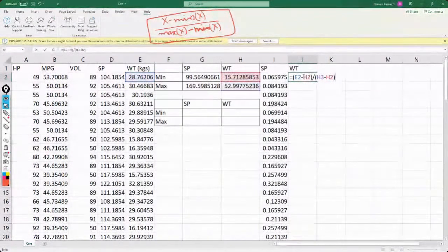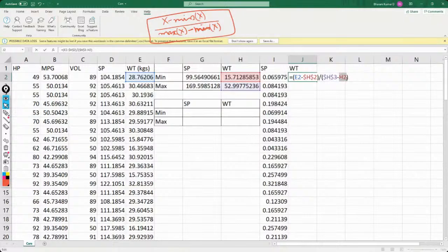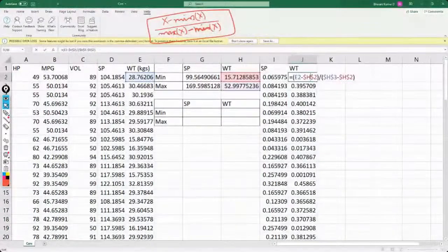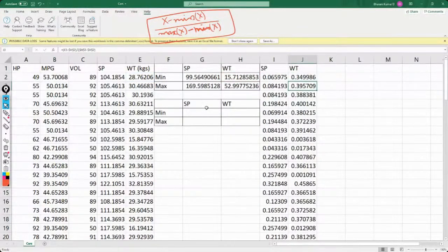These max and min values will remain the same, only the x changes. So I'm going to select this, press the F4 key on the keyboard, and it will put those dollar signs. That means for the rest of the cells, only the x value changes. Wherever you have the dollar sign, those won't change, meaning min and max values will not change.